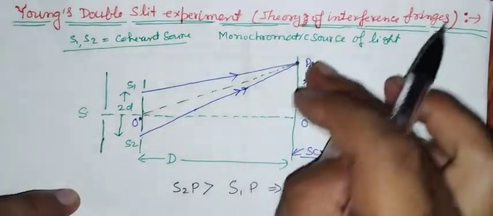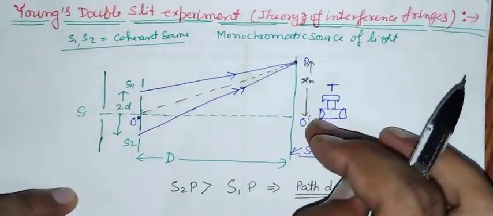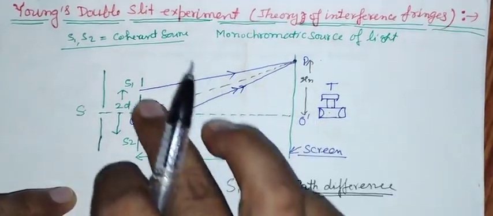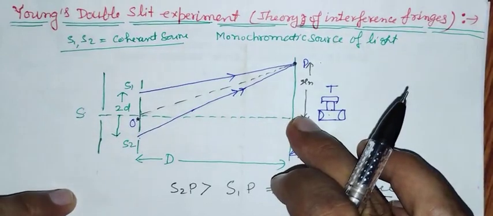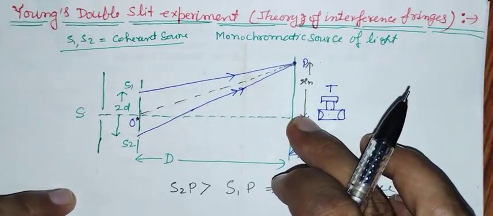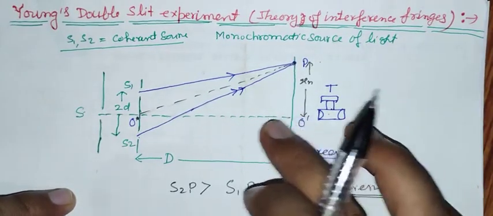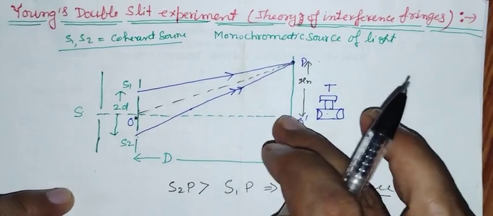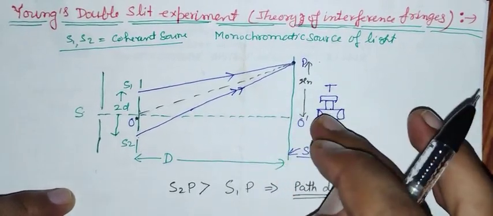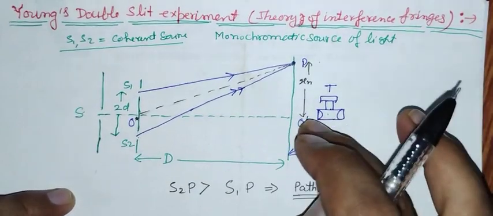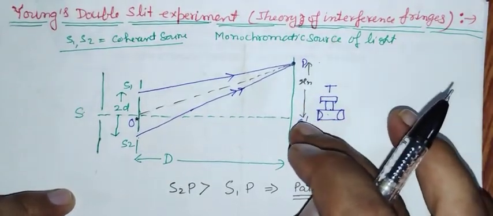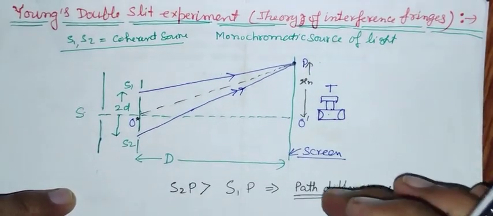Now see, when P is at point O dash, S1O dash and S2O dash are the same, so there is no path difference. Path difference appears when P is above O dash or below O dash.